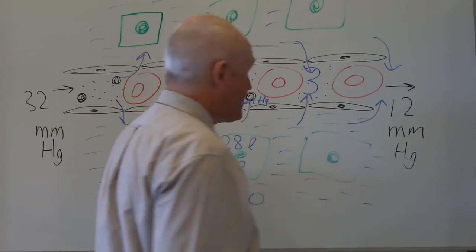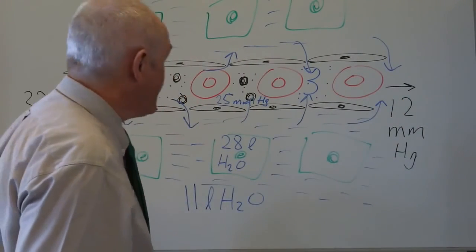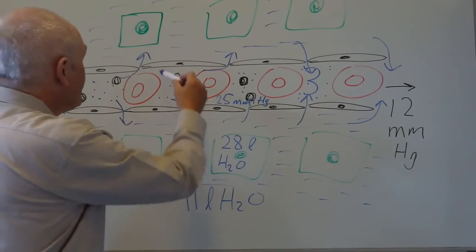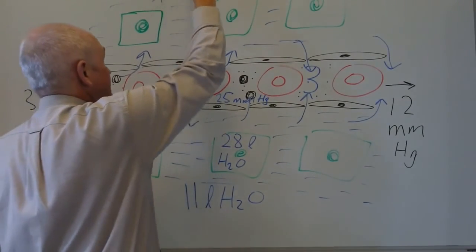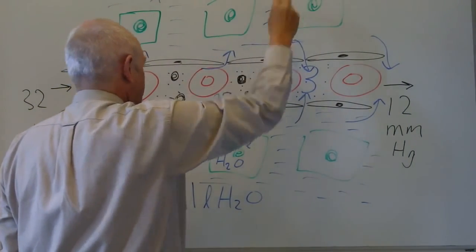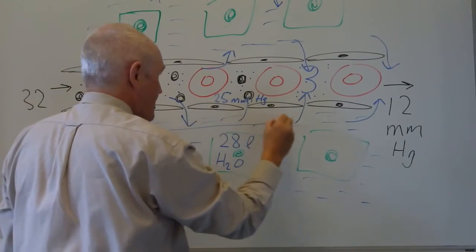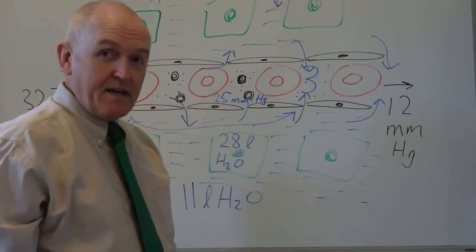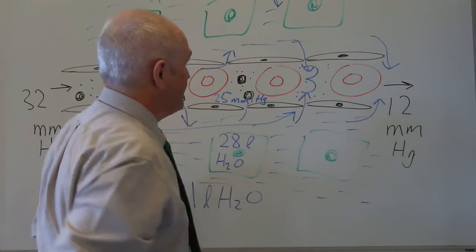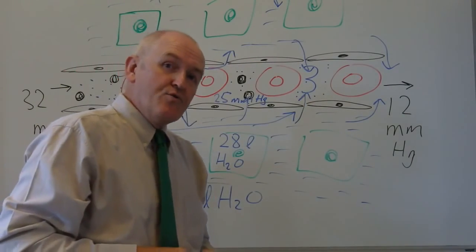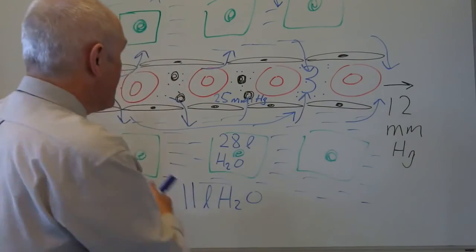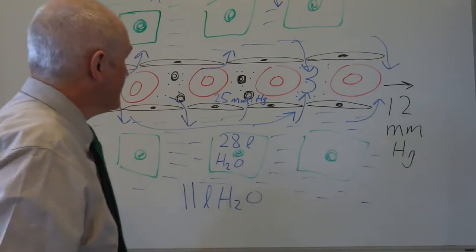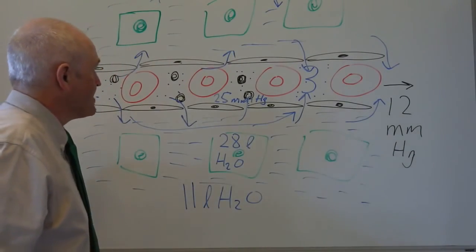And this is good because it means we get a microcirculation of tissue fluid. Tissue fluid is formed at the arterial end of the capillary, circulates through the tissues, and is reabsorbed at the venous end of the capillary, meaning we get a circulation of fluid through the interstitial spaces, bathing the cells, keeping the cells moist.